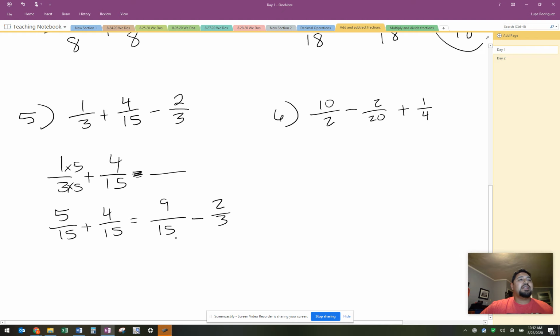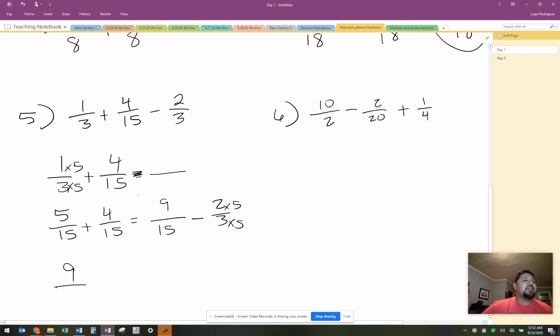And I know I need these to have a common denominator. So now I have a whole different thing here. I already finished this first part. Now I'm just worried about the second part. So I need to make these common denominators, so I'm going to do times 5, times 5. Let me rewrite it down here.